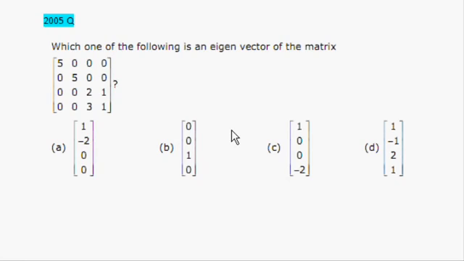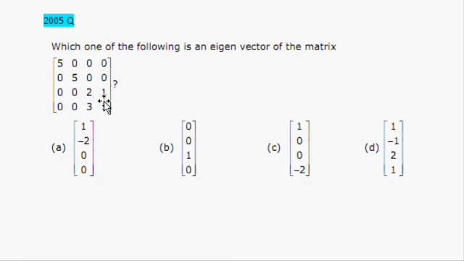This is the 2005 question. Which one of the following is an eigenvector of the matrix? To find the eigenvectors, you first need to find the eigenvalues, and you can find the eigenvalues by subtracting lambda from all the diagonal elements in the determinant, and making the determinant equal to 0.